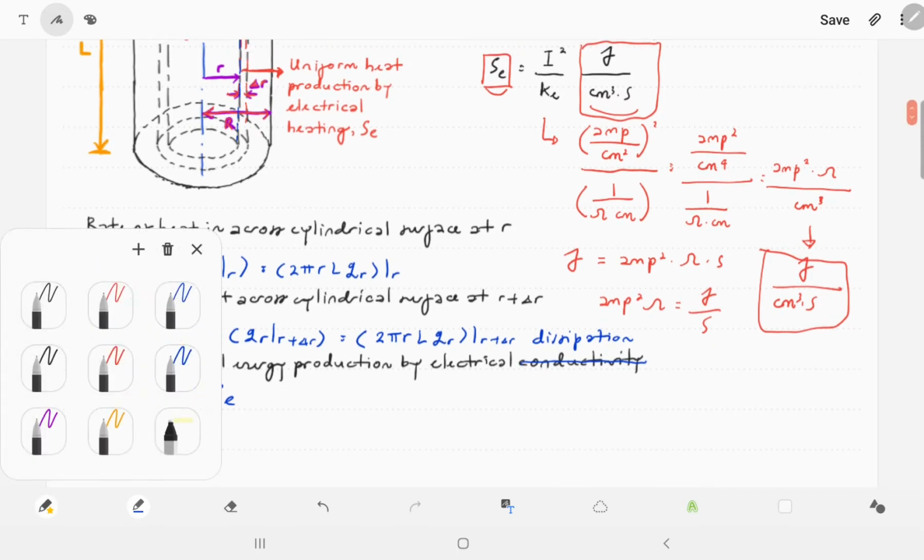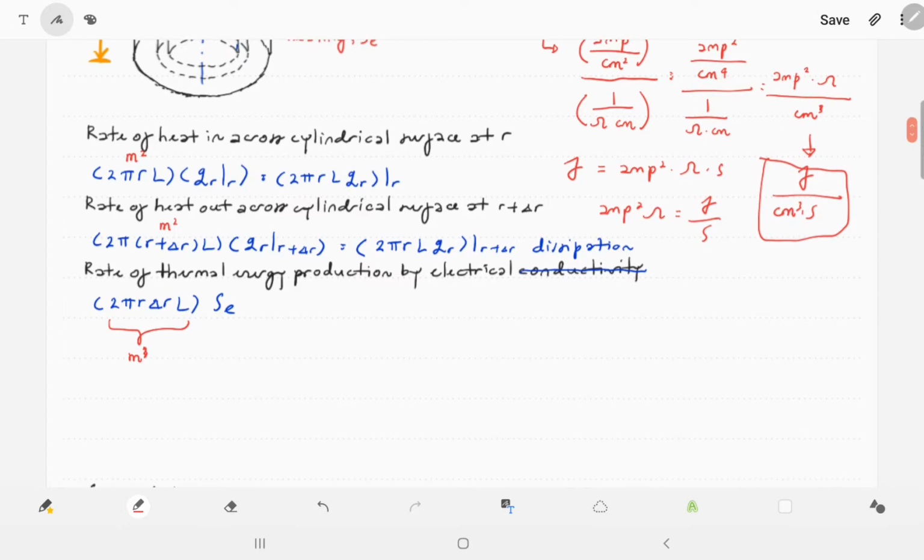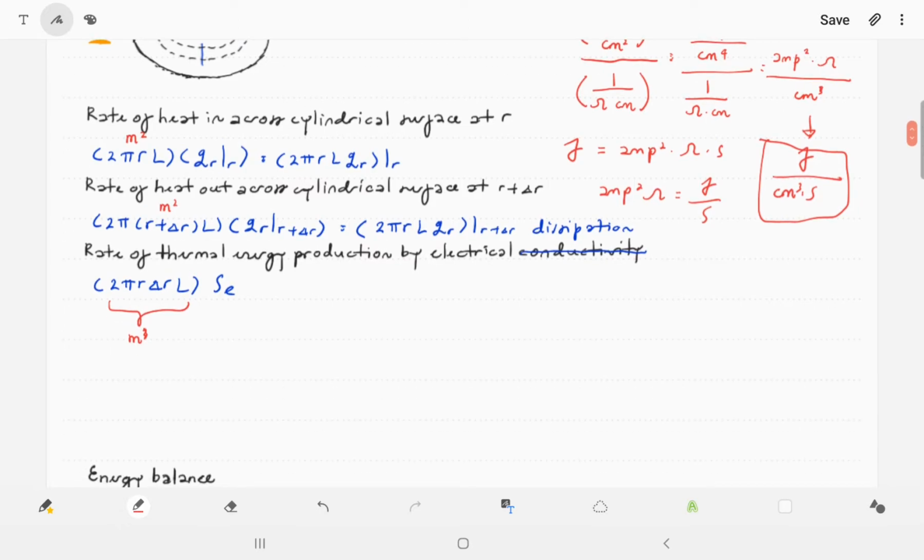Note that the earlier terms refer to surface area, which has units of meter squared or centimeter squared, but this term has units of meter cubed because this is a volume.